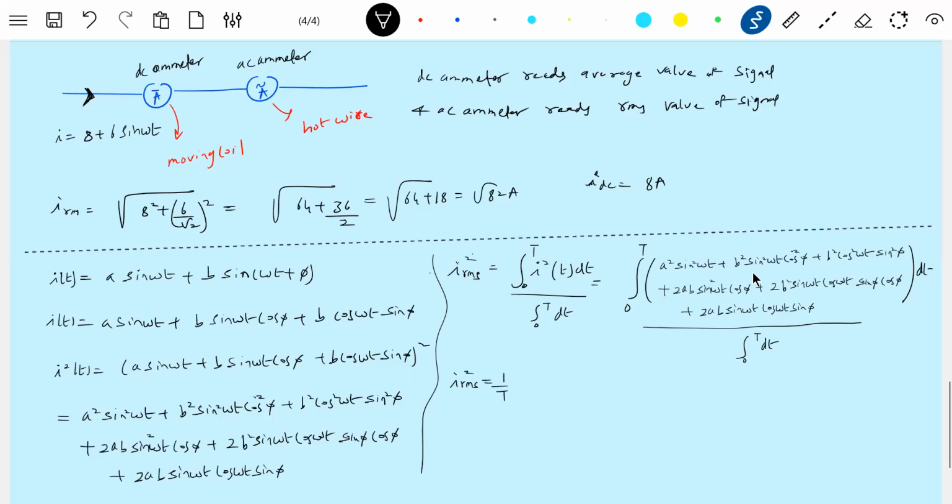RMS square is 1 by T times the integral dt. It seems very big, but we'll do it. A square.